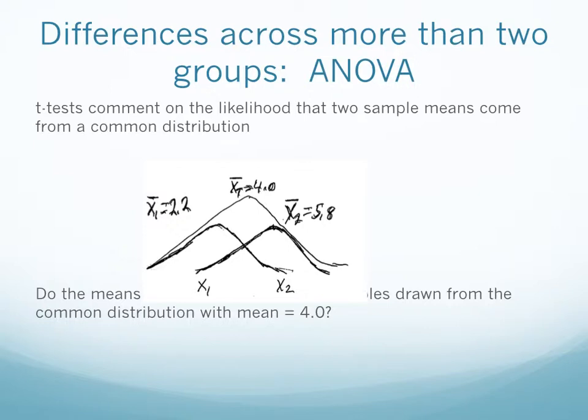So the t-test is asking the question, do the means 2.2 and 5.8 represent samples drawn from the same distribution with a mean of 4.0? Or what's the likelihood that those two means would show up in samples that were drawn from a common population?